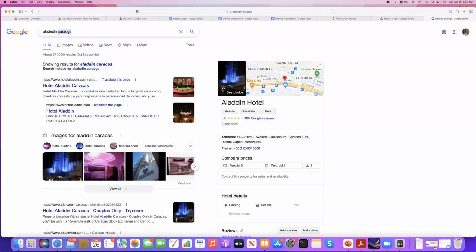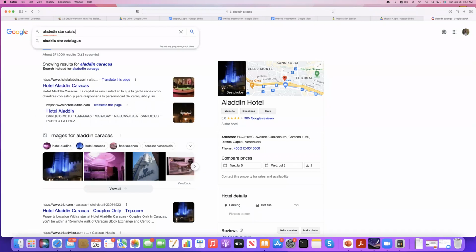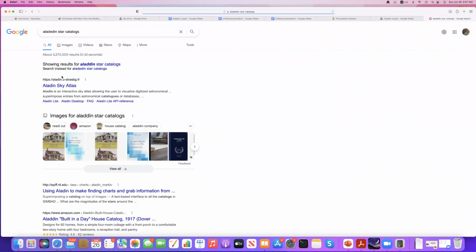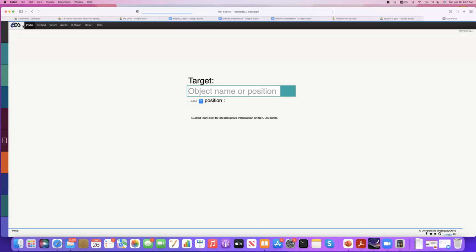Let me show you one of those catalogs, just to give you an example of how these coordinates of the stars are given.